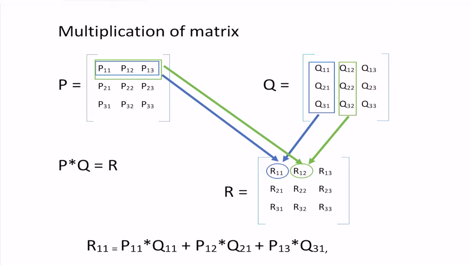The number of columns of the first matrix must always be equal to the number of rows of the second matrix. If they are not equal, then no multiplication of the matrices is possible. As both are 3 by 3 matrices, with 3 columns and 3 rows, it will be formed.